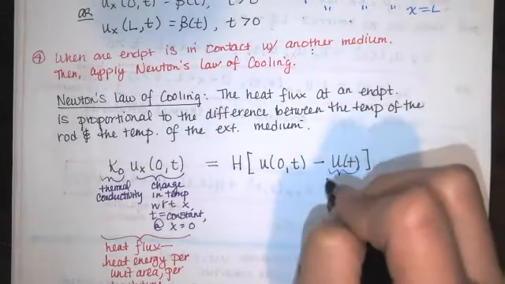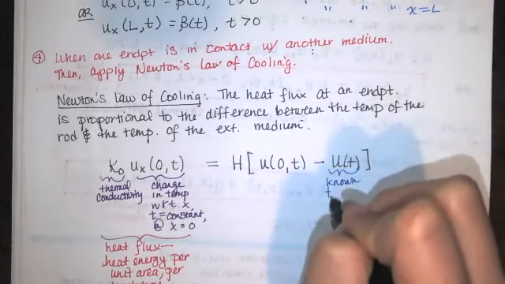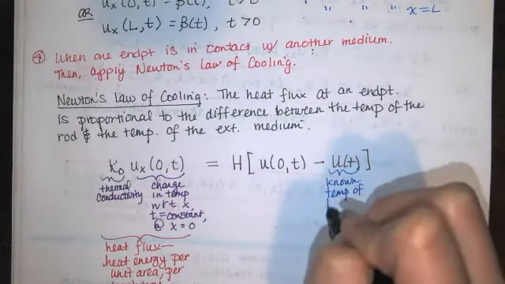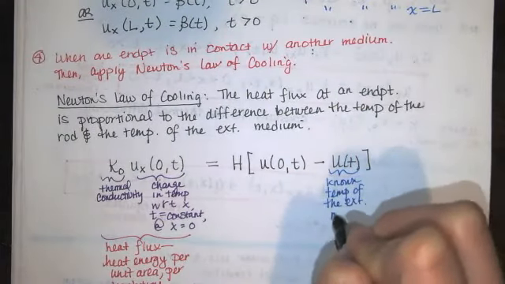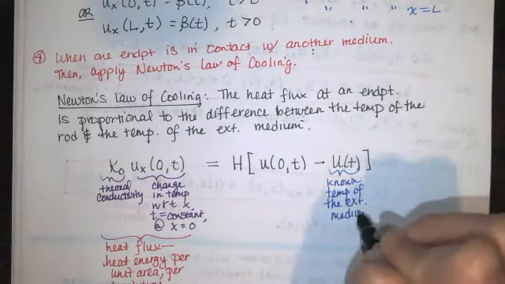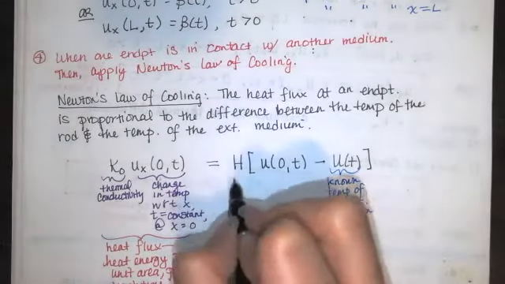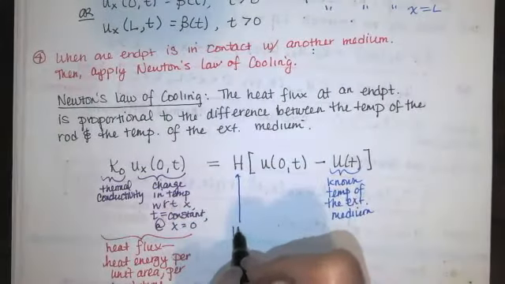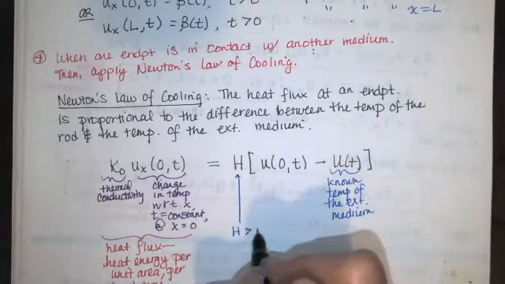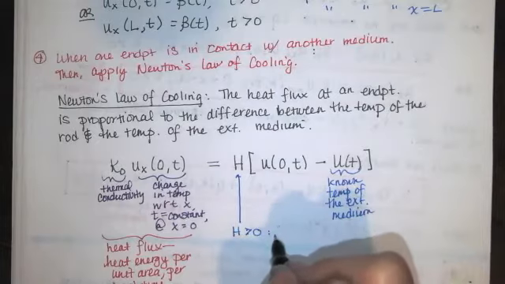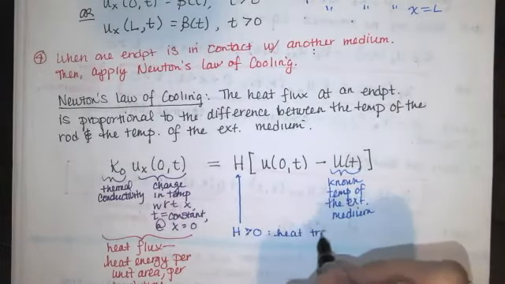And of course, we assume that this is known. And this constant of proportionality H is greater than 0. It's called the heat transfer coefficient.